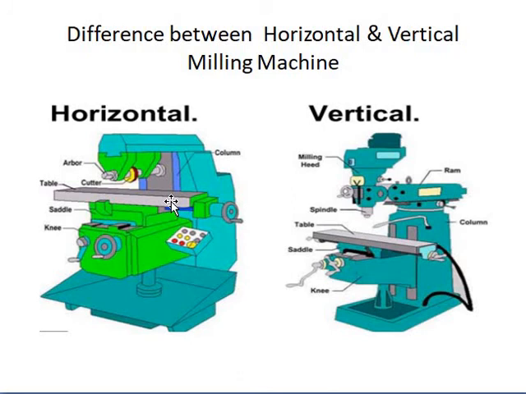In horizontal milling machines, the operations performed are plain milling, gear cutting, form milling, straddle milling, gang milling, etc. In vertical milling machines, the operations performed are slot milling, T-slot milling, angular milling and flat milling. Wherever the specimens are complicated and we need T-slot milling, angular milling, flat milling and slot milling, we use vertical milling machines.